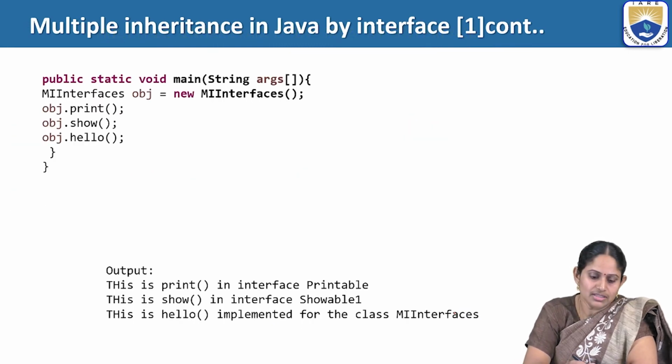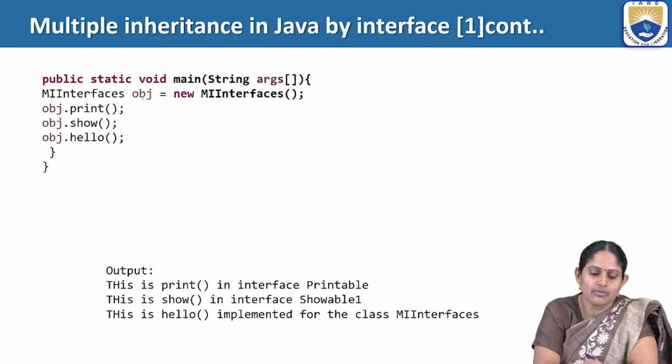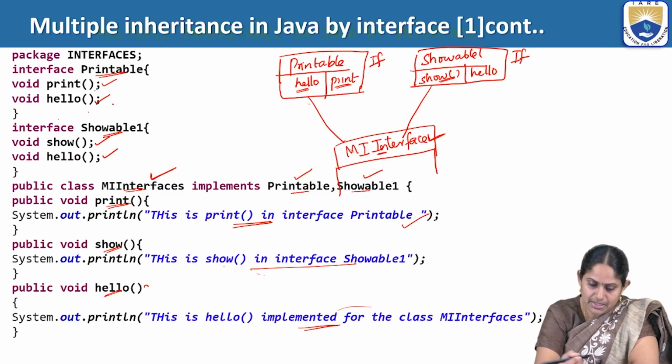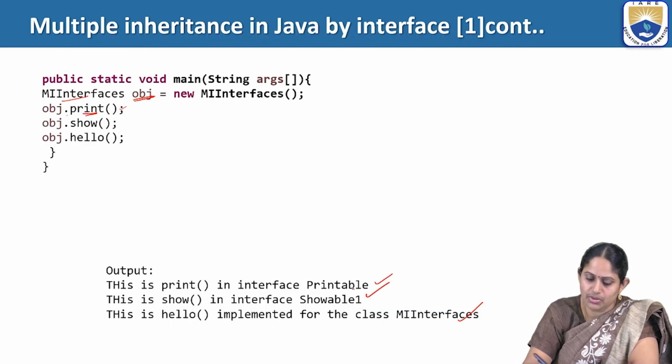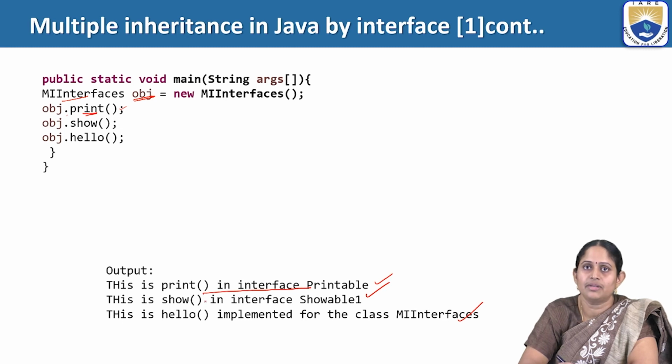When you create an object of this class MI interface and invoke these methods, you get those statements in the output. Using that object, you are invoking the print method. Inside the print method we had this statement, so this statement will come into the output. Next, it is invoking the show method.